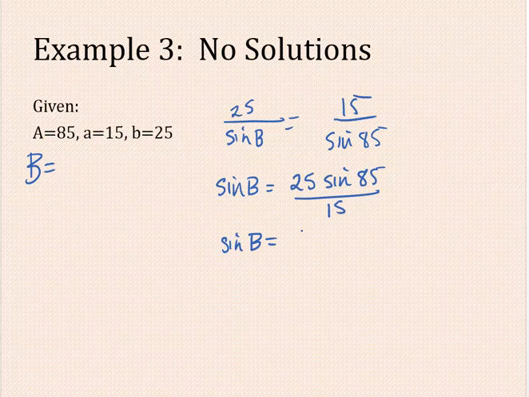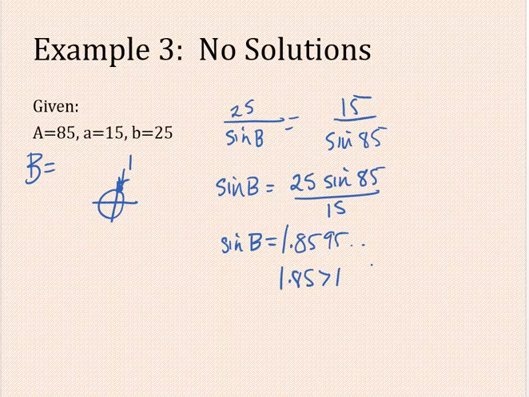Now put this in your calculator. What I get is 1.8595, whatever. Now remember what we said about our unit circle. The greatest value for y, or sine, is 1. This is greater than 1. 1.85 is greater than 1. Therefore, there is no solution to this problem.